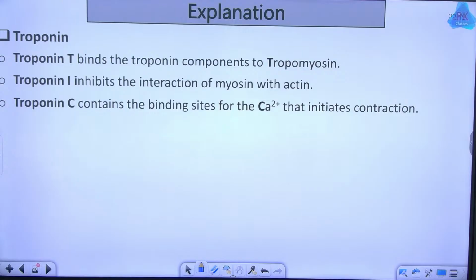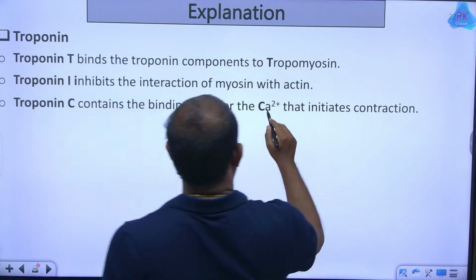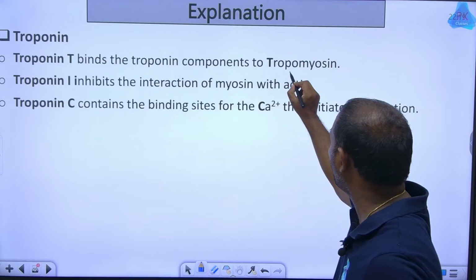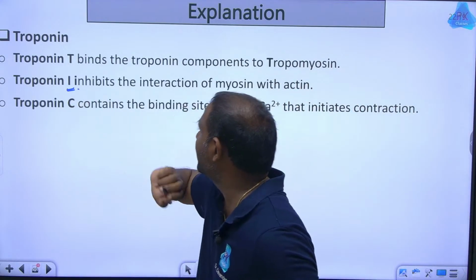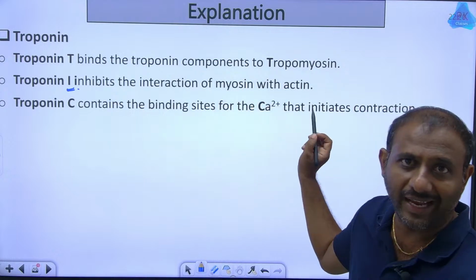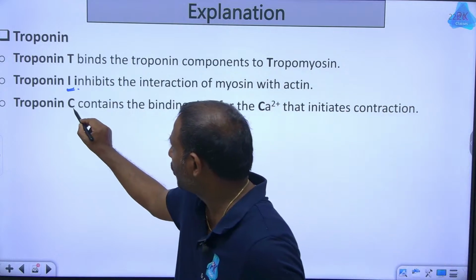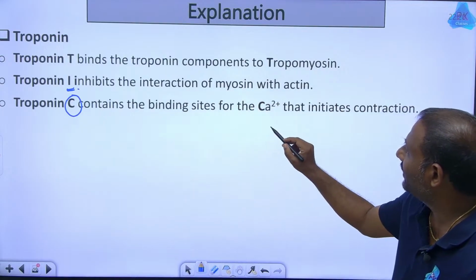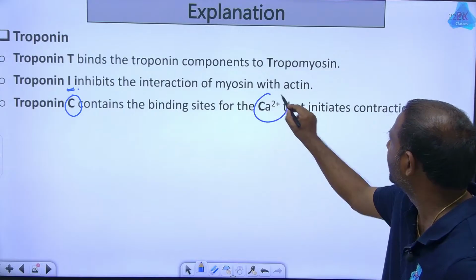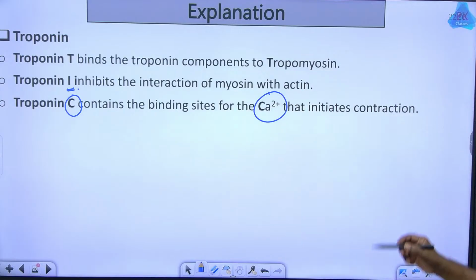So अलग अलग troponins होते हैं जैसे troponin T, troponin I, troponin C. Troponin T binds the troponin components to the tropomyosin. Troponin I inhibits the interaction of myosin with actin, whereas troponin C contains the binding site for the calcium that initiates the interaction.